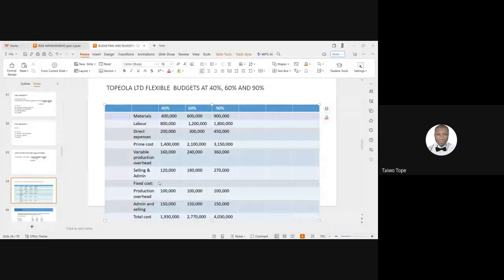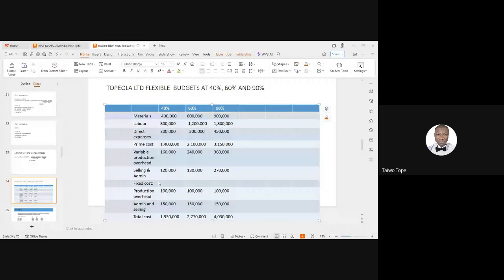Once the overhead is stated, not stated as variable or fixed, it's just stated as production overhead. In that overhead value, the components can be variable or fixed. In this question, they didn't tell you that the production overhead is variable. They didn't tell you that the production overhead is fixed.